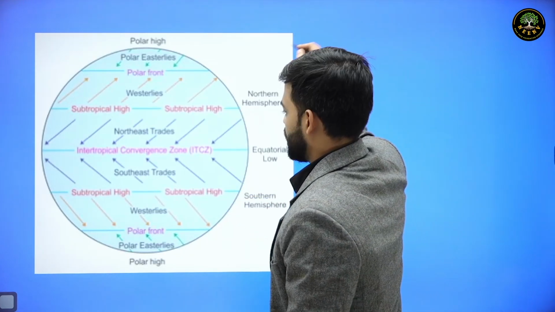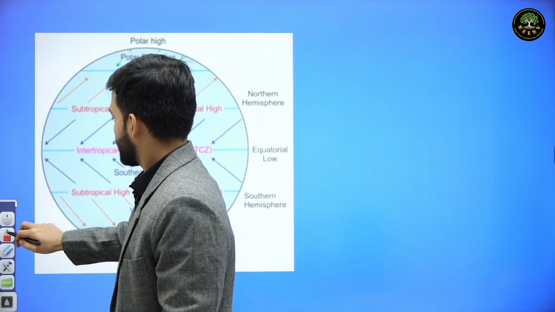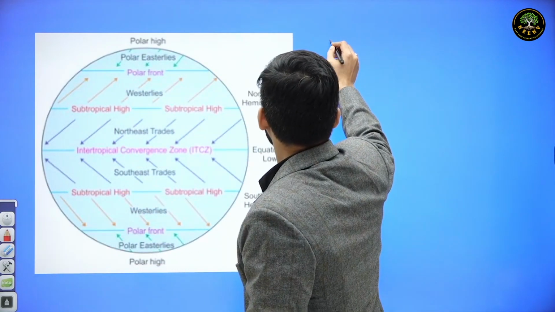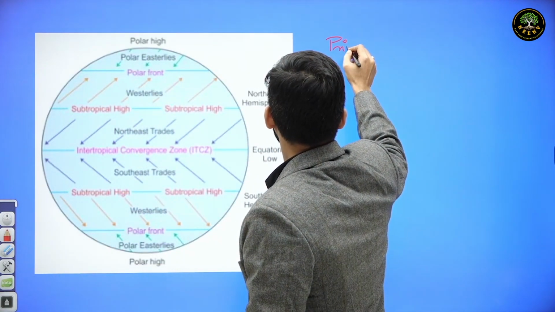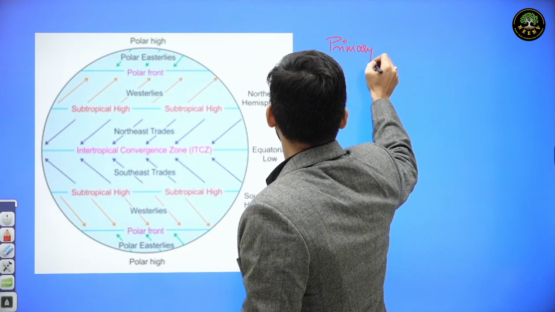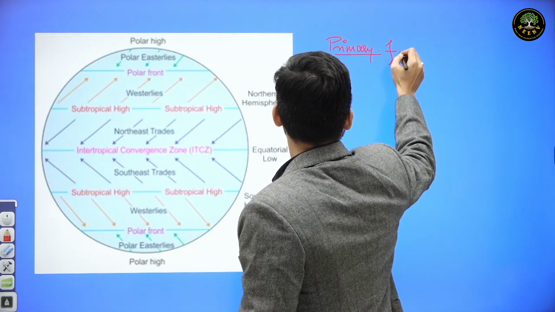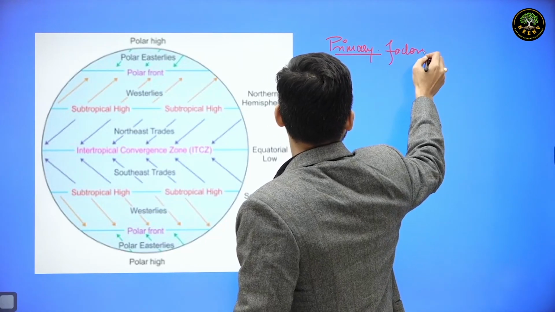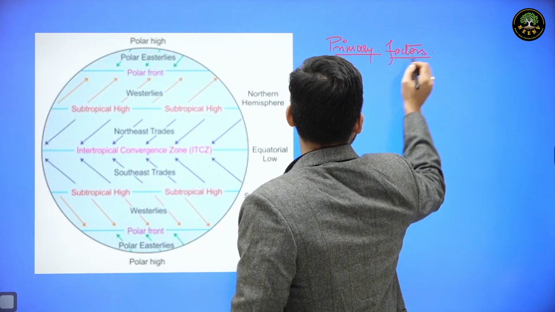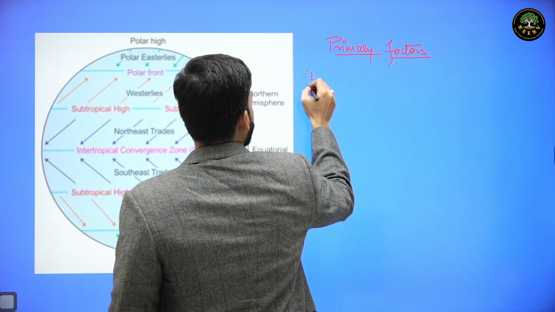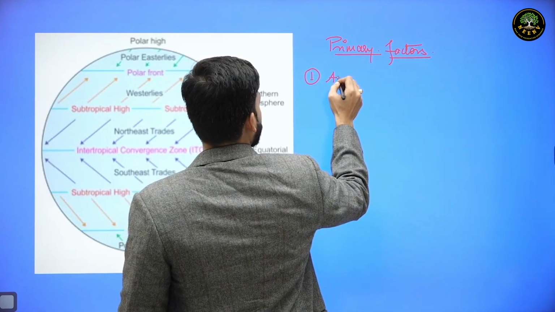So, the primary factors that affect the origination of ocean currents: first is heating by sun.